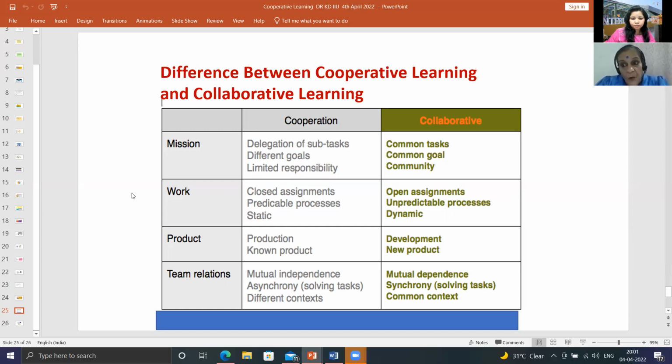Then what will be the product? The prediction is known in cooperative learning because the teacher has the question sheet and answer sheet also. And she has the design of the project and concept of the project. But in collaborative learning, they develop a new product.